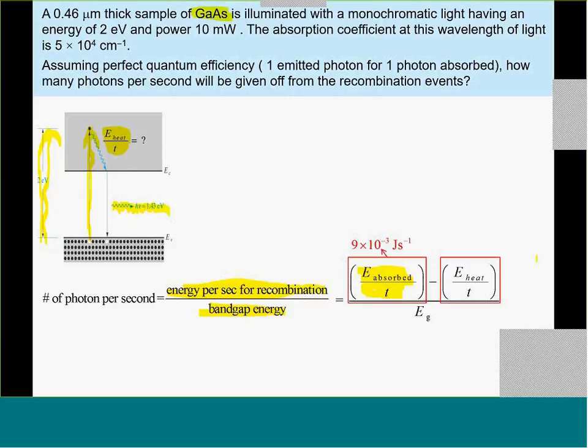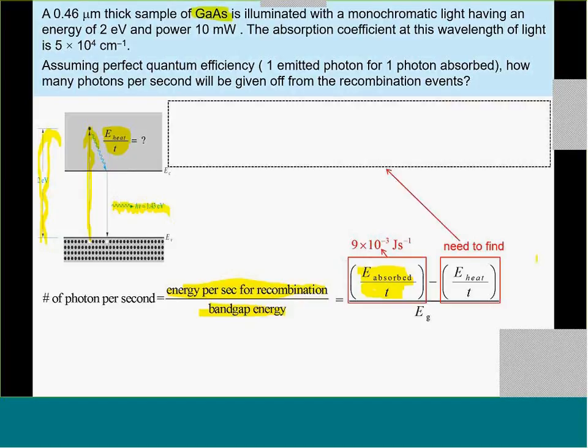So, how do we calculate the amount of energy that's been lost as heat? Heat over time is the fraction of the incident photon energy converted to heat, multiplied by the absorbed energy per second.